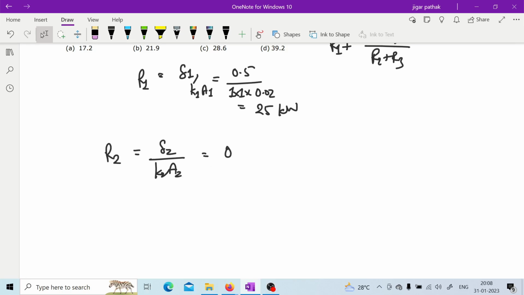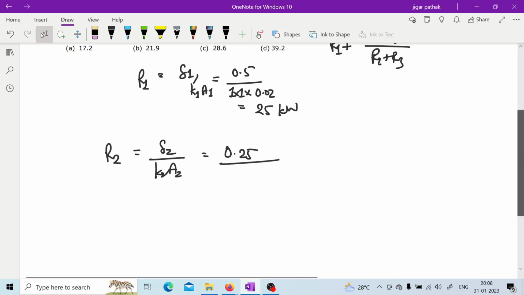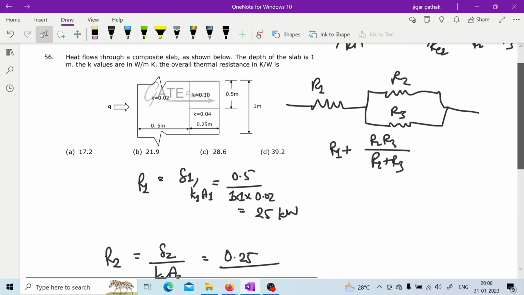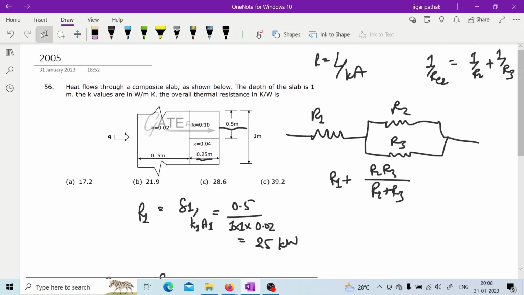Delta 2 is nothing but 0.25. Delta 2 and delta 3 both are 0.25 only, and for both, area will be 0.5 into 1. So 0.5 will be the area for both of them.